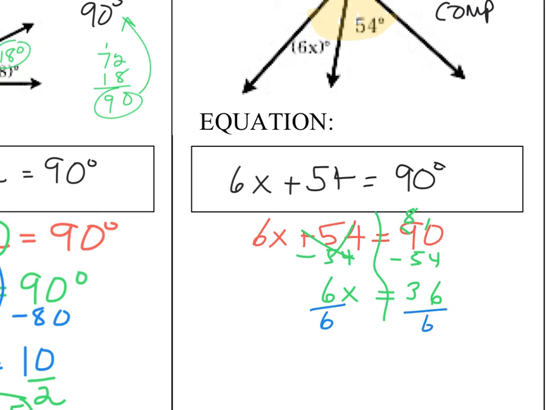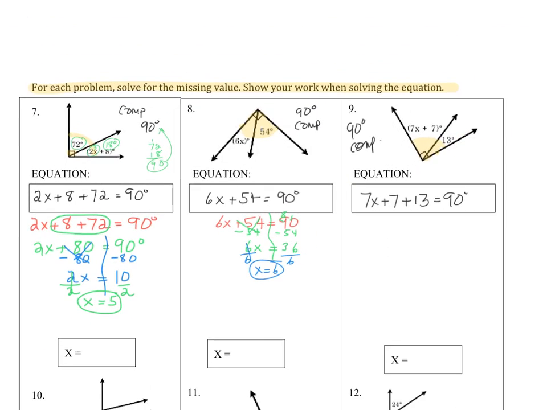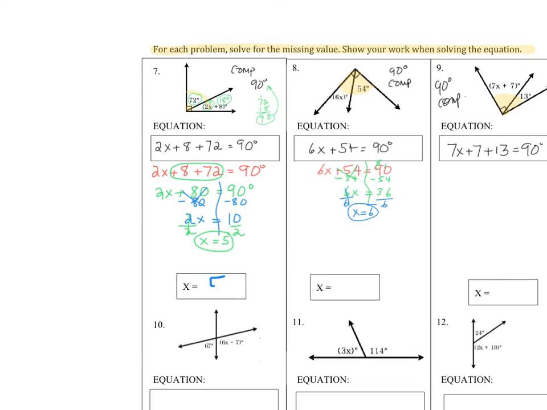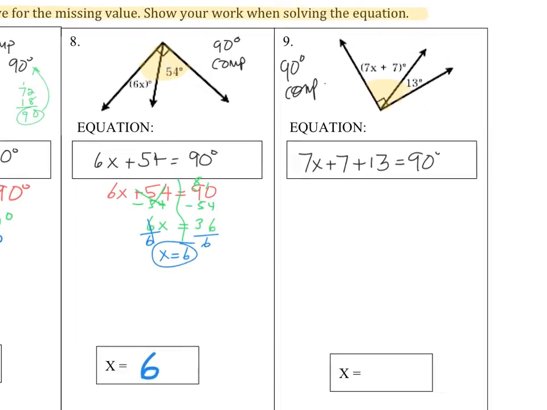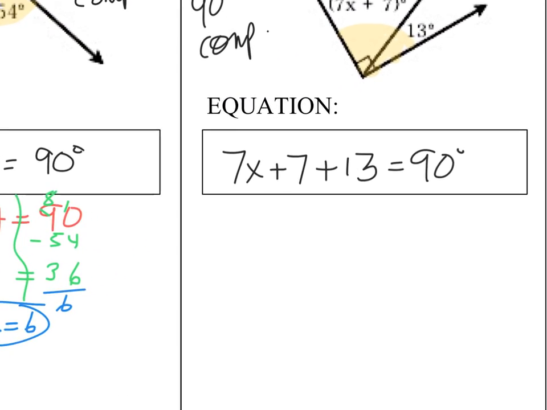Divide by 6, divide by 6. x equals 6. I'm going to put my answers here: 5, 6. All right, what do we do here on this one?